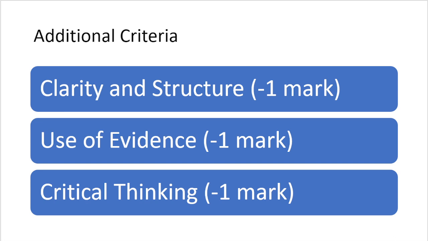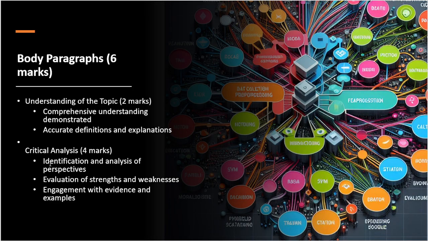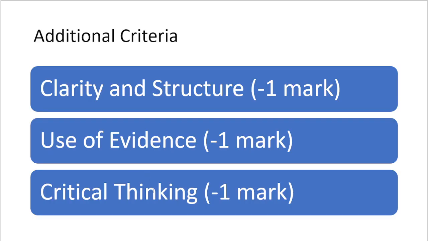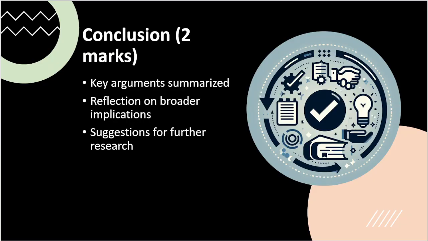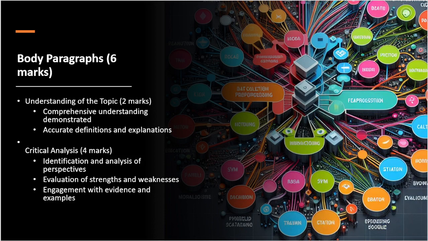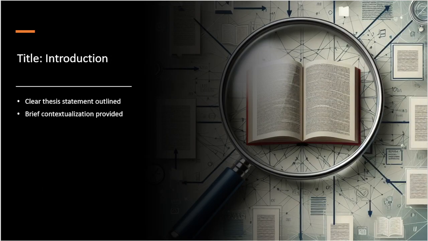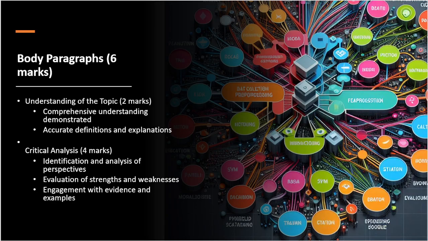And I would analyze the essay again to see how well you use the evidence to answer the questions in the essay. And then for critical thinking, I will analyze the body again and see if there is a justification. So these are additional marks that I will look at after going through the initial assessment criteria of 10 marks.